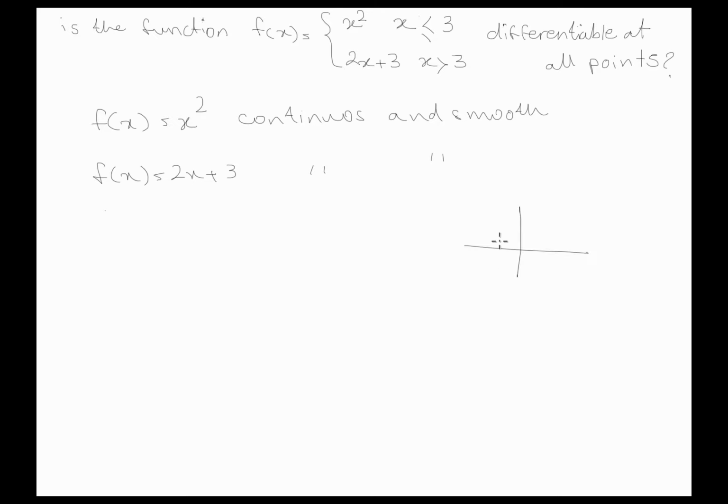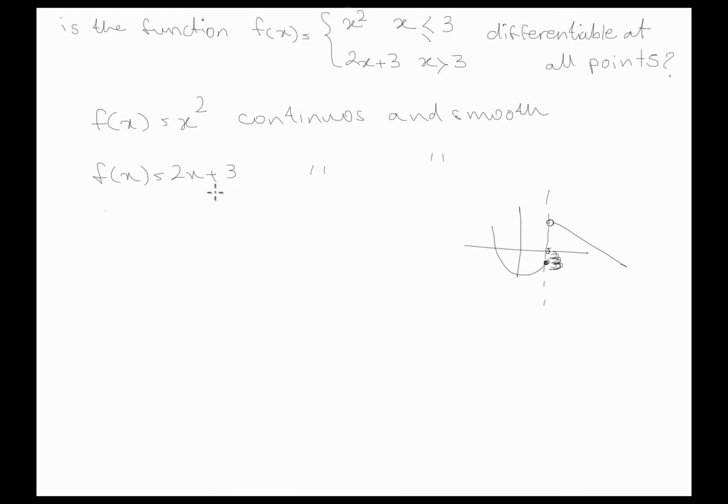So for example, if I had a function that looked like this, and let's say that's at x is equal to 3, then I know instantly that this is going to be a problem because these two functions don't start from the same position and therefore it's discontinuous, and it wouldn't be differentiable.